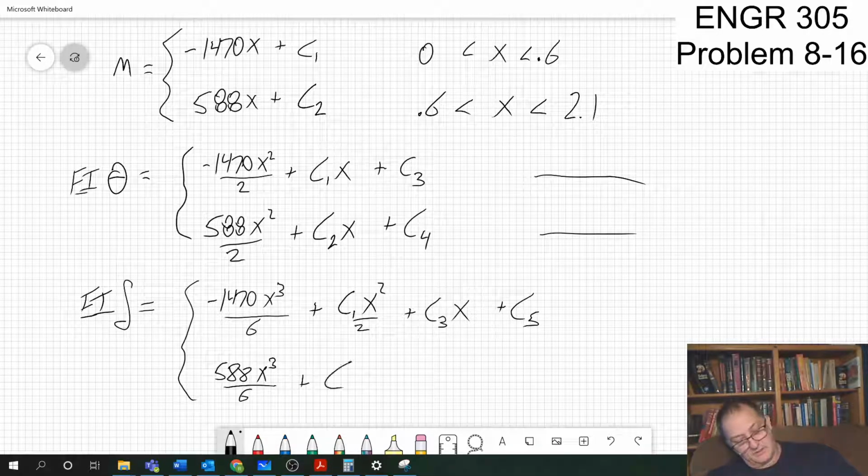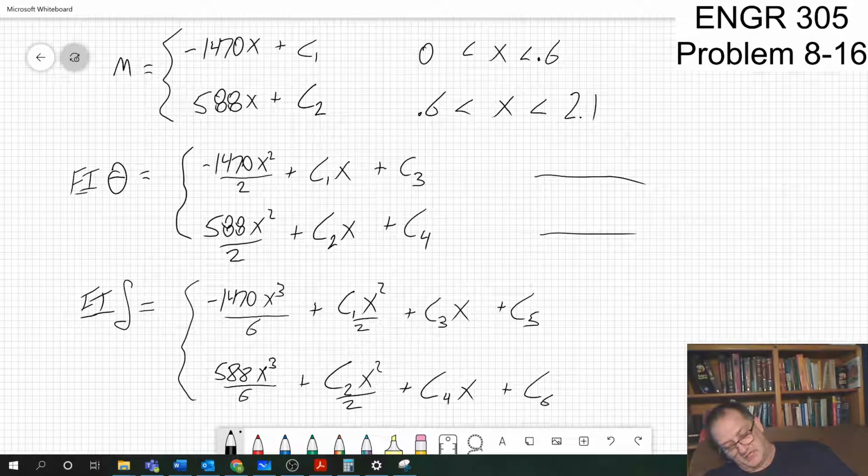The other equation becomes 588 x cubed over 6 plus C2x squared over 2 plus C4x plus C6. Six constants to evaluate. I need 6 boundary conditions.